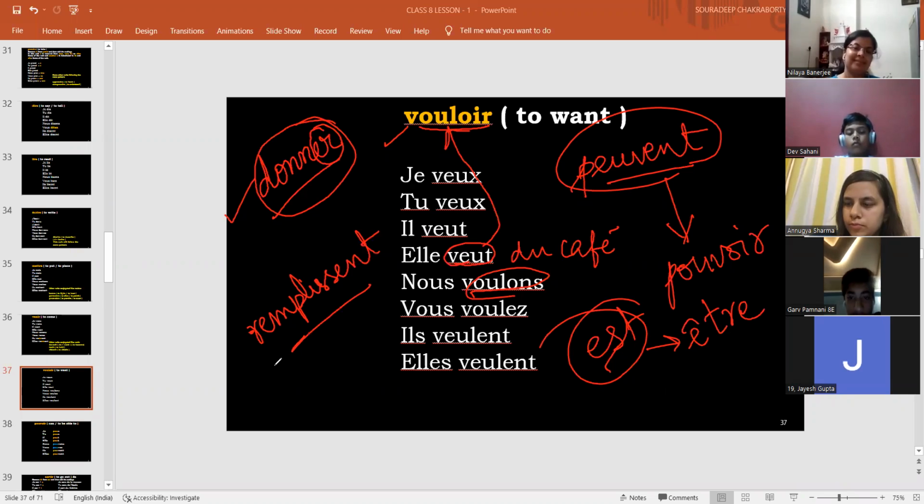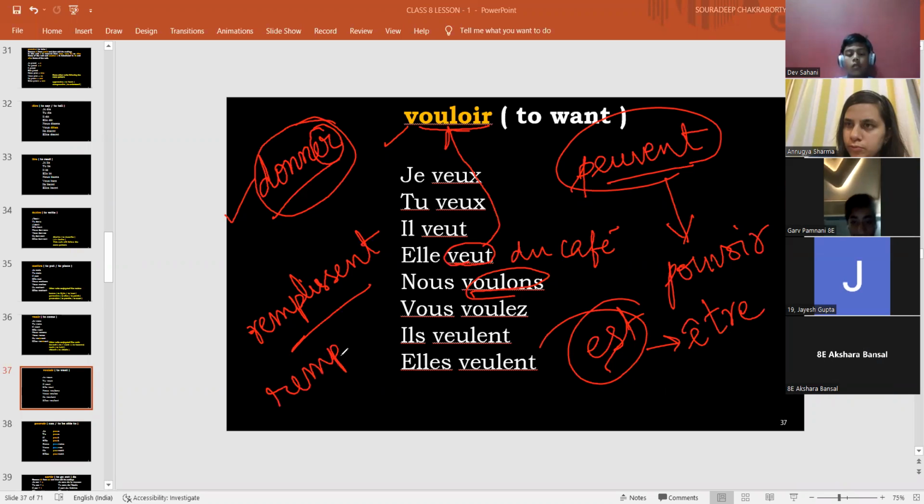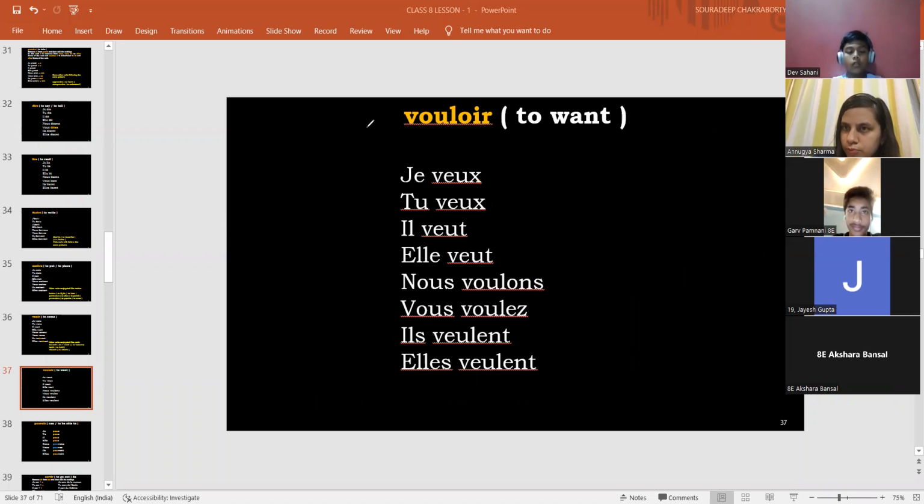Remplir. Yes, remplir. Which group is this? Second group, IR ending verb. The more you practice, the more you can tell the verbs. So anyway, the next subgroup is vouloir.